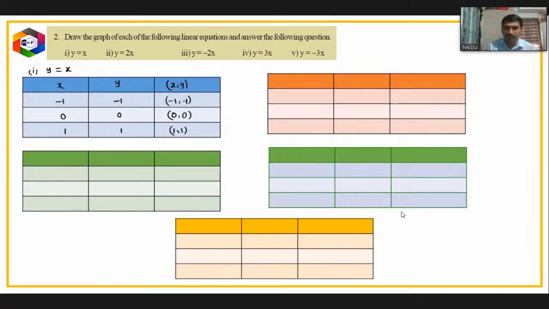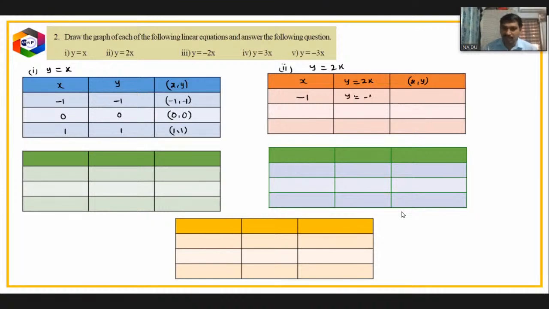Now in the same way, I'm going for the second one. y is equal to 2x. Here you can observe, this is x, and this is y is equal to 2x, and this is x comma y, children. Again the same way, I am taking x as minus 1. Observe, children. If you take x equal to -1, 2 into -1 is -2. So y will be equal to -2. So the point becomes -1 comma -2.